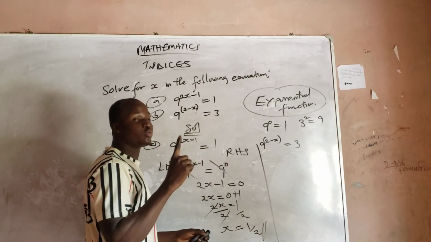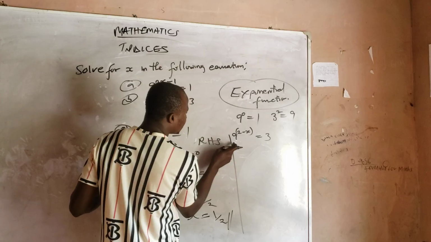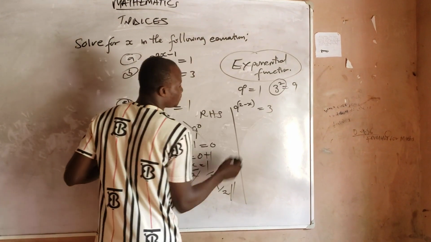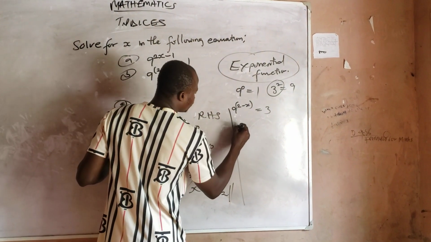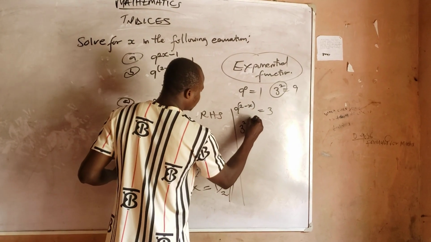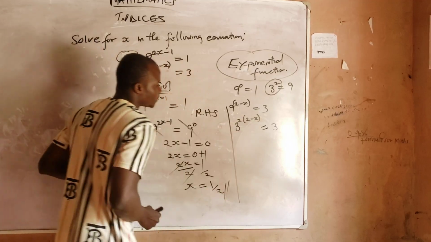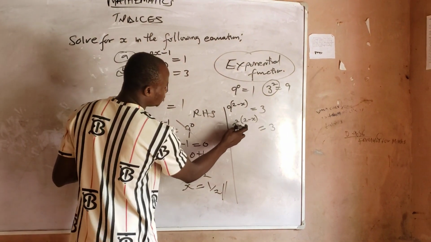That's why I say you have to make use of all these index forms. Now, let's replace 9 with 3 raised to the power 2. Now, we have 3 raised to the power 2, put in bracket, 2 minus x is equal to 3. What are you going to do? You open the bracket.